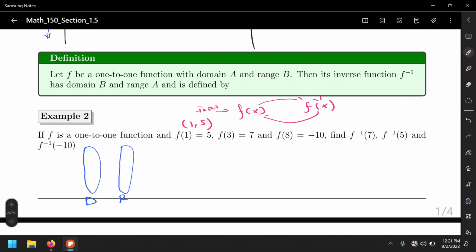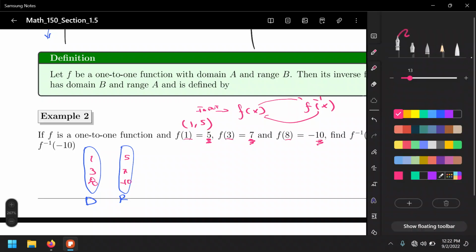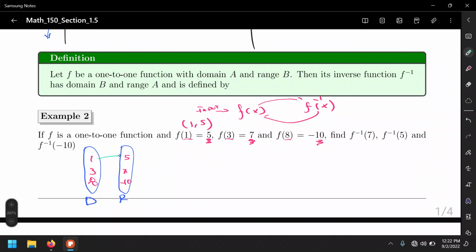It's just function notation, fancier notation to say the same thing. So I'm going to make a list of the x's, that's 1, 3, and 8, and 5, 7, and negative 10. Let's just draw the correspondence with arrows.